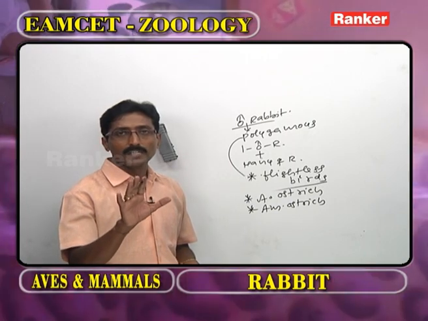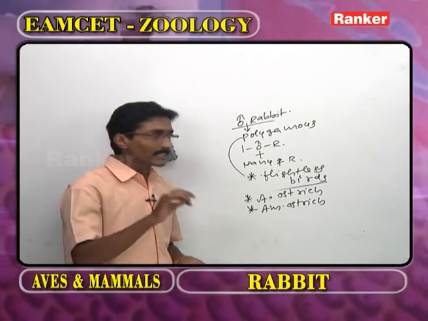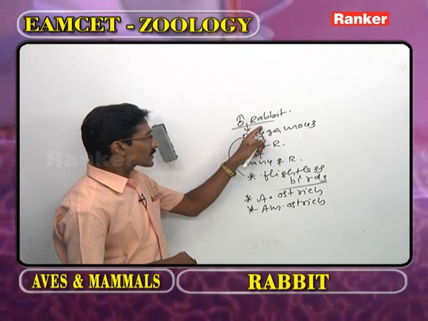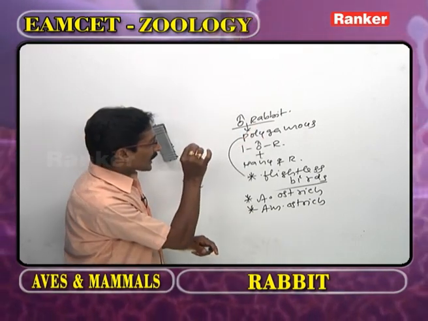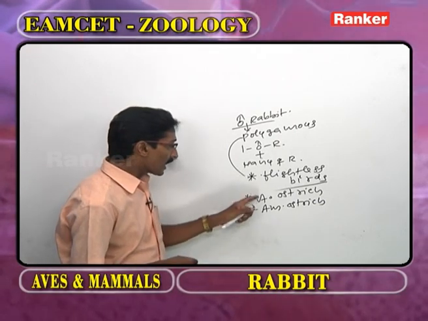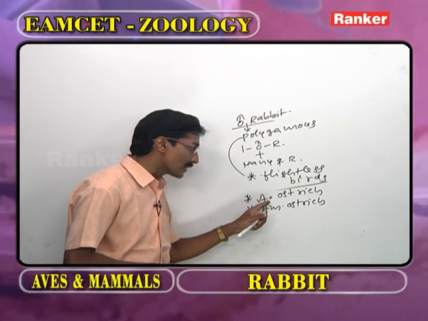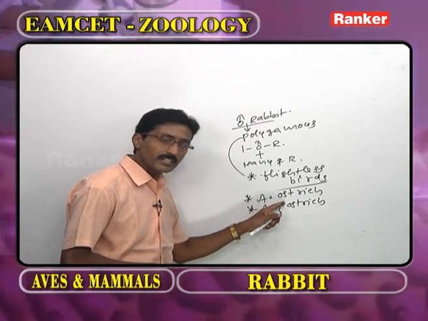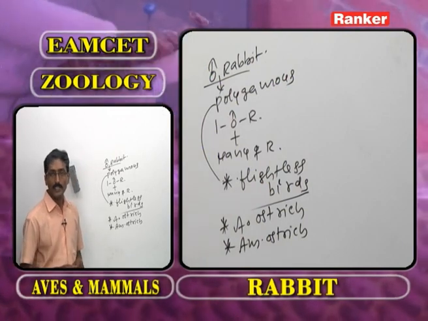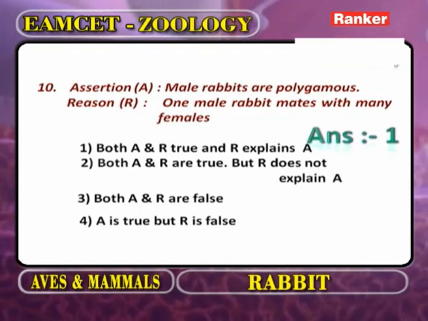One male engages with many females. With reference to mammals, what is the classical example for polygamous? Rabbit. Regarding birds, what are the classical examples? African ostrich and American ostrich. Now, based on this information, both are correct and R explains A.